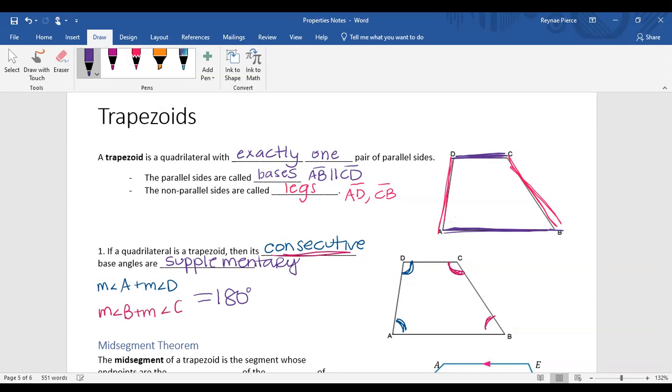If you think about it, we've got parallel lines and a transversal. Those are consecutive interior angles, which are still supplementary.